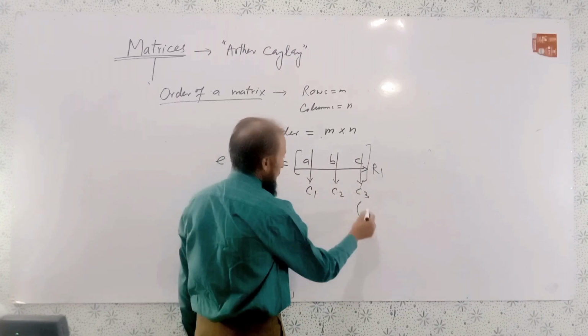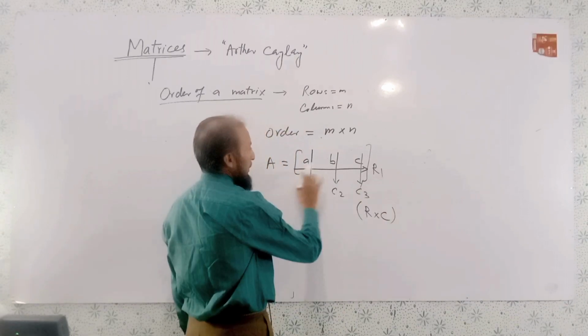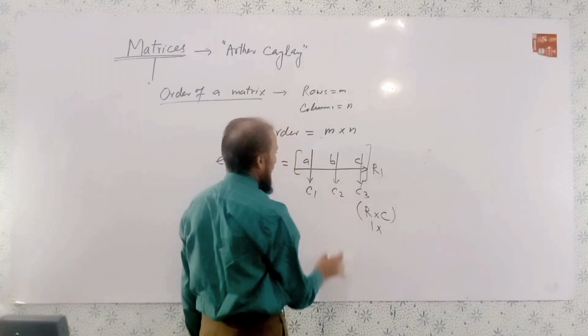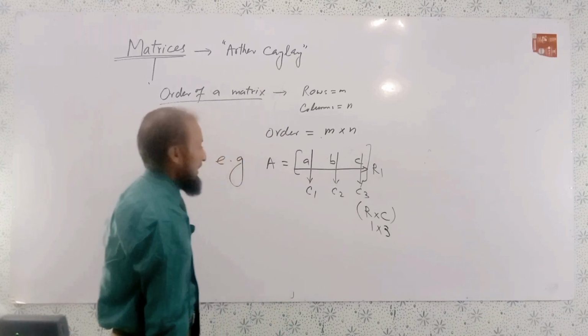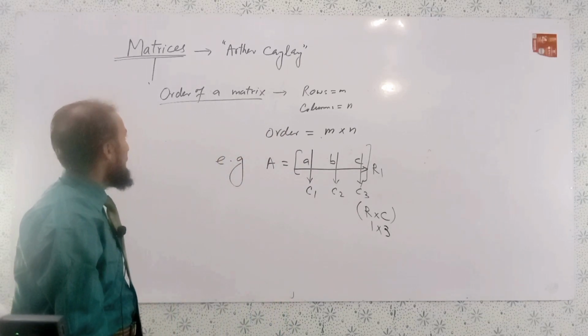It means rows multiplied by columns. Here there is 1 row and there are 3 columns. So the order of matrix A is equal to 1 cross 3.